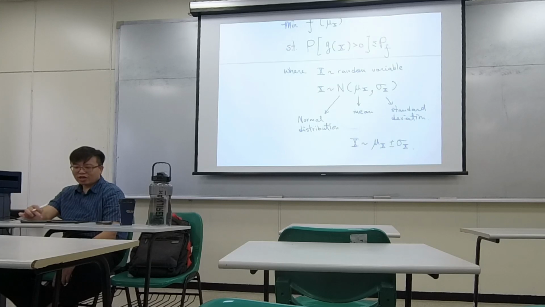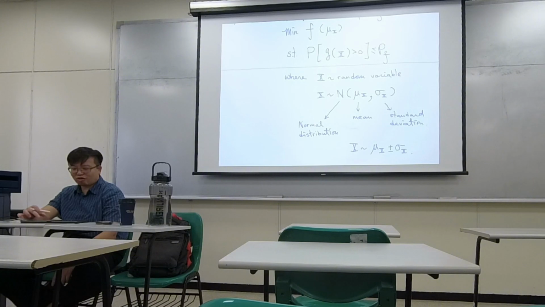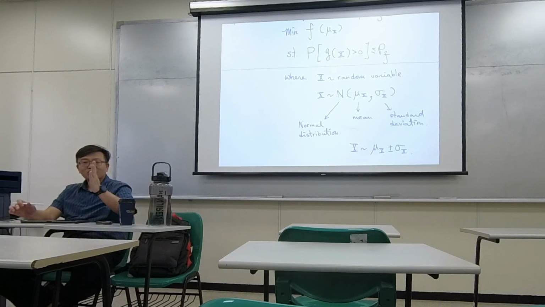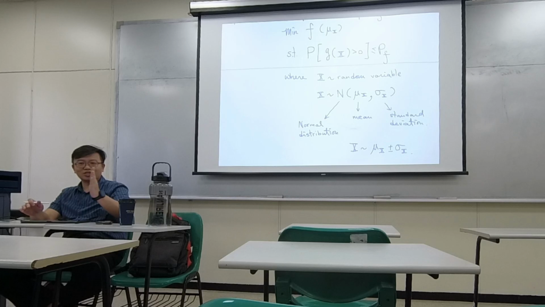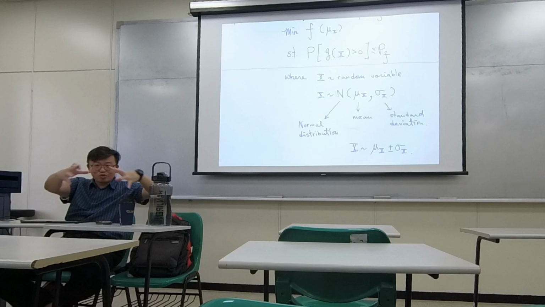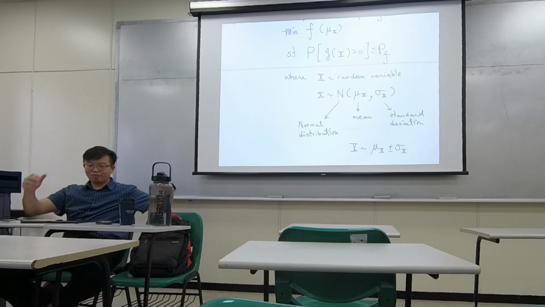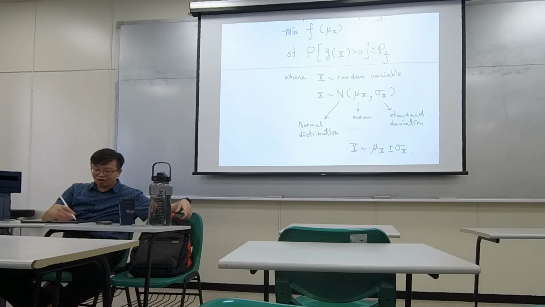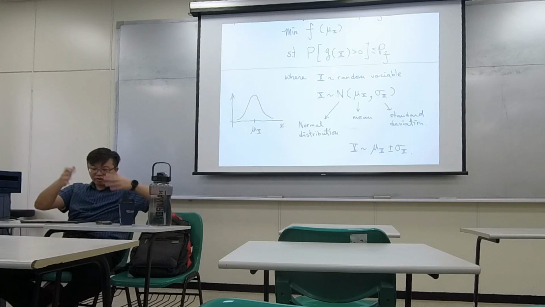Okay, so in your objective function, you are only controlling the mean value. You want the average of this uncertainty to be controlled. You are changing, and what's the distribution? Distribution is a whole chunk of probable solutions. So if you take a look at a one-dimensional coordinate, maybe this position is the mean, and here is your vertical axis.